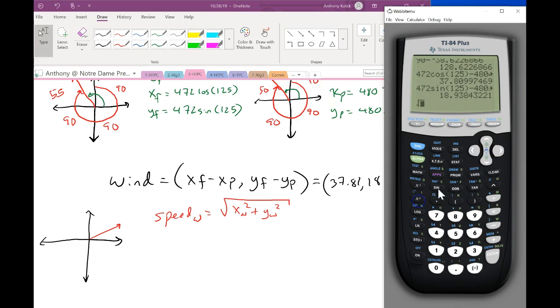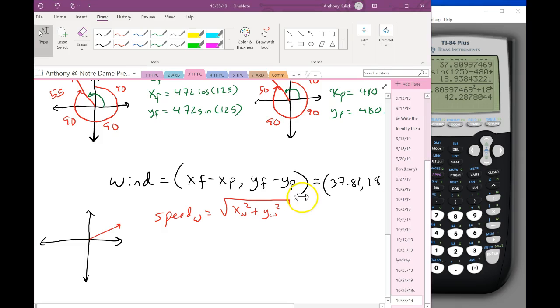To do that, I'll just use my calculator. That gives me 42.29 miles per hour. So there's my wind speed.